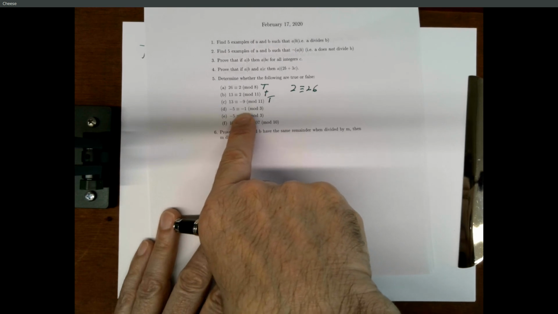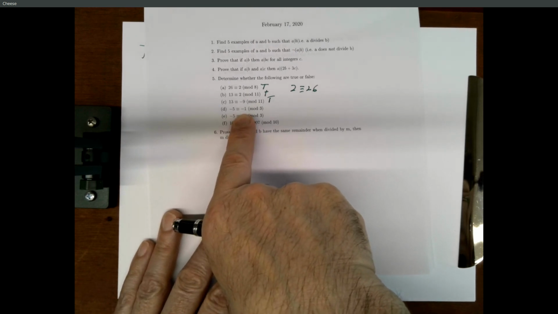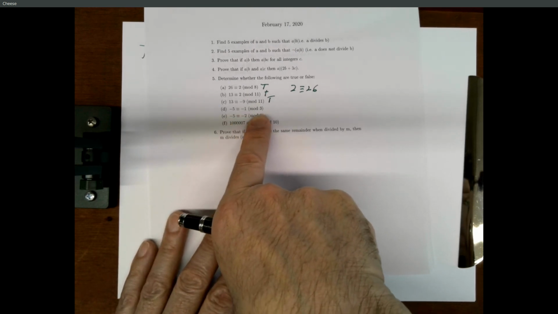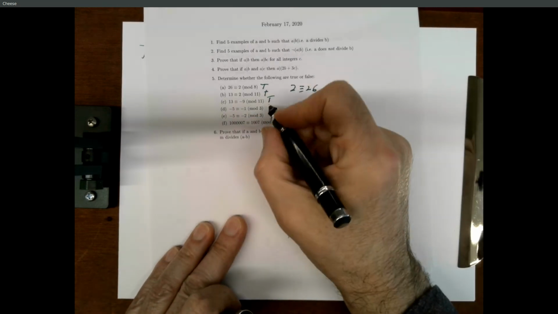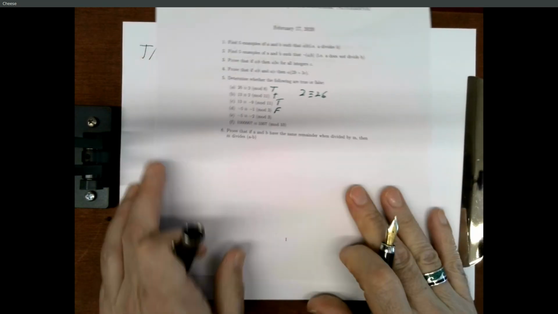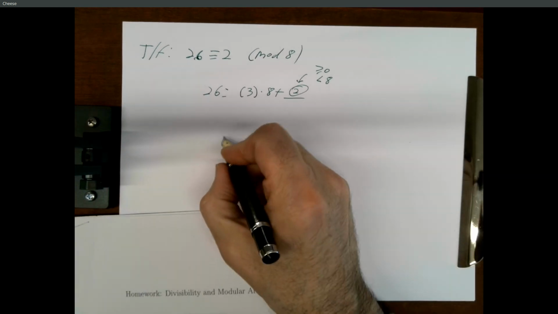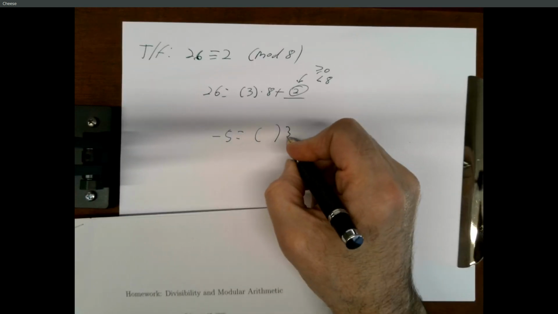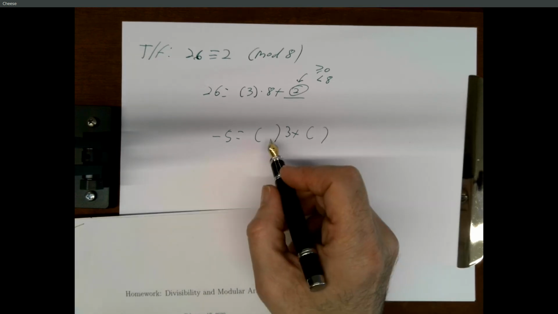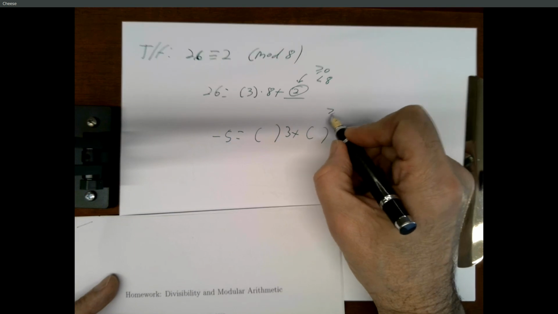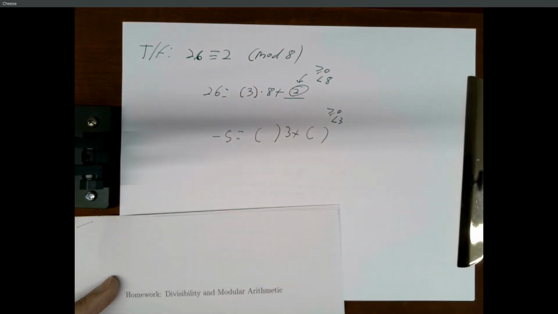Negative 5 minus negative 1, that's negative 5 plus 1. That's negative 4, not a multiple of 3. So this is false. And if we wrote this out, negative 5 equals something times 3 plus something. So what do we put in here to get this something bigger than or equal to 0 and less than 3?